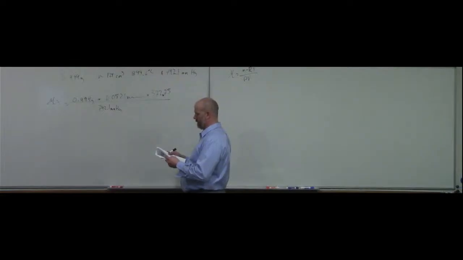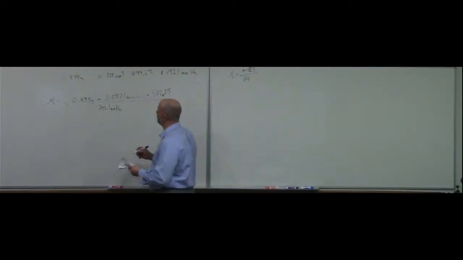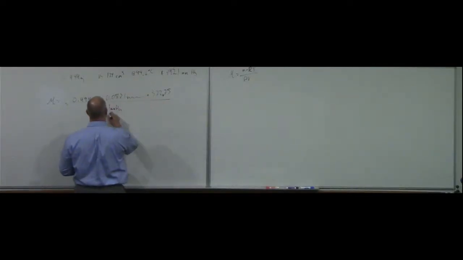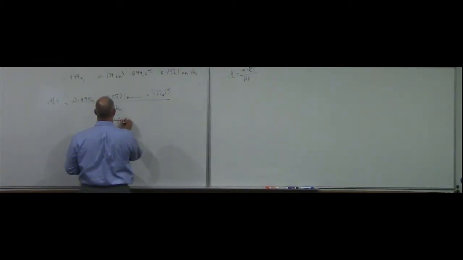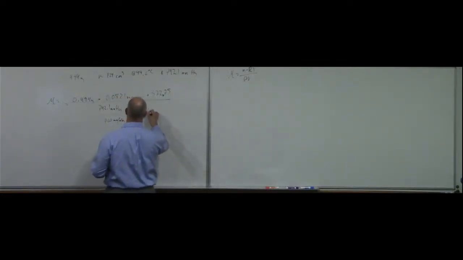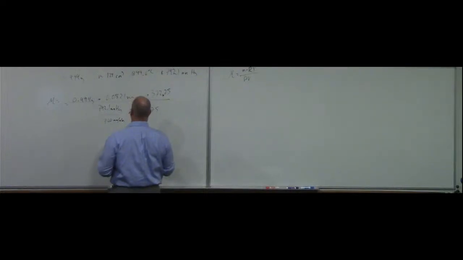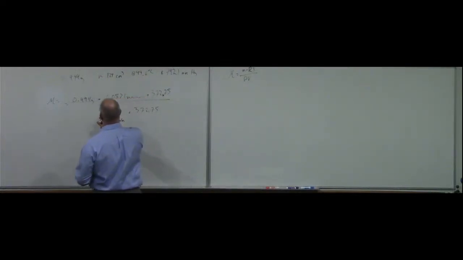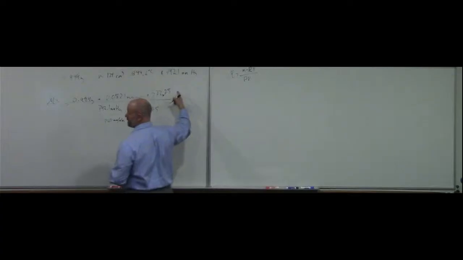Multiply by 1 and then divide by 760. Good. So I can put this over 760, and that's millimeters per atmosphere. And now I can multiply that by the volume.